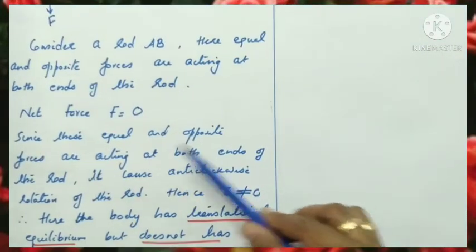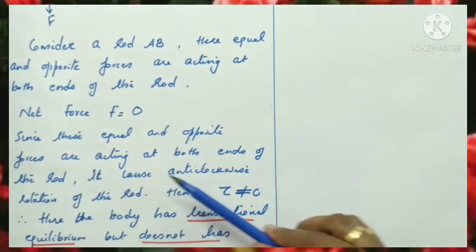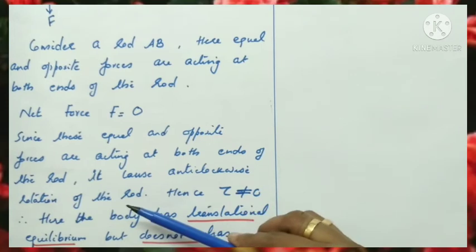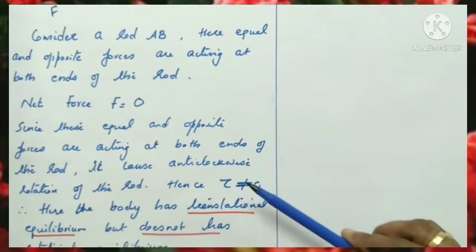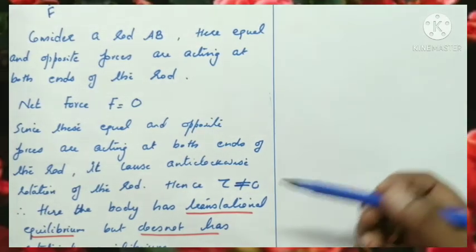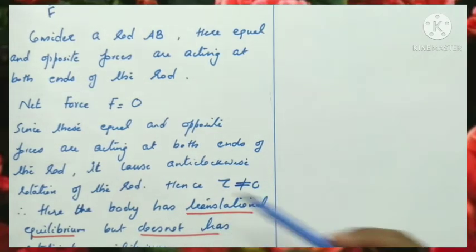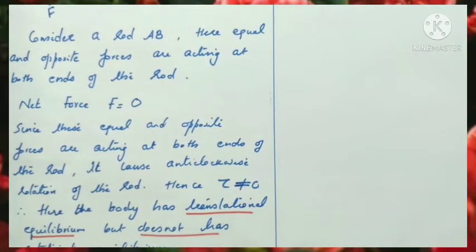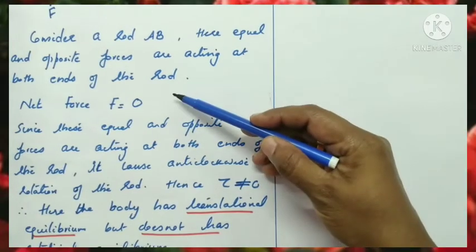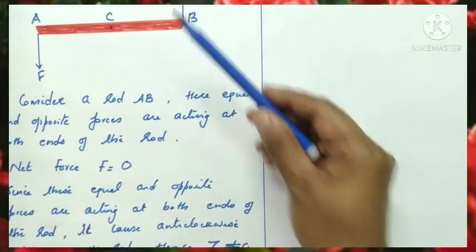Since these equal and opposite forces are acting at both ends of the rod, it causes anti-clockwise rotation of the rod. Hence, torque is not equal to 0, because the rod rotates. And hence the body has translational equilibrium, because force is equal to 0. Equal and opposite forces are acting, therefore net force is equal to 0.